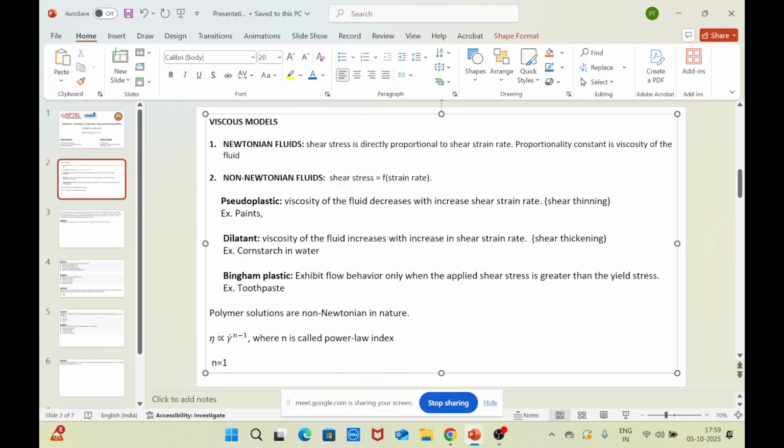Let me take this as an example before we progress further. What does this relationship actually convey to us if the value of the power law index, n, is 1? Or what will happen if n is equal to 2?